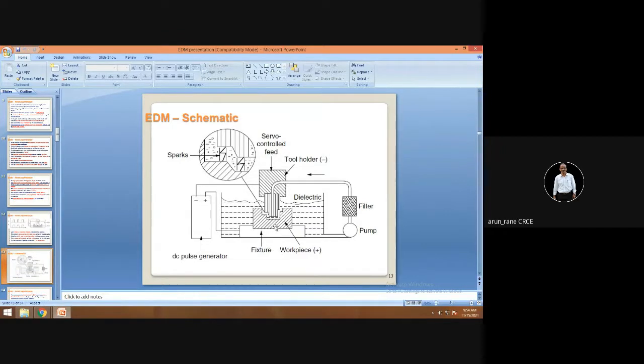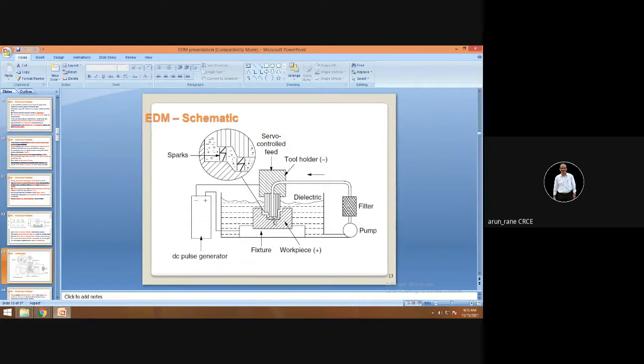And removal of the swarf or the chips is very important. So for that, you have flushing from the center, and this is your dielectric material. This is a picture on which the workpiece is kept, and this dielectric is passed from the center of the electrode so that your chips are removed comfortably.